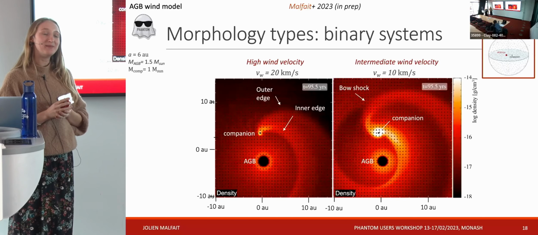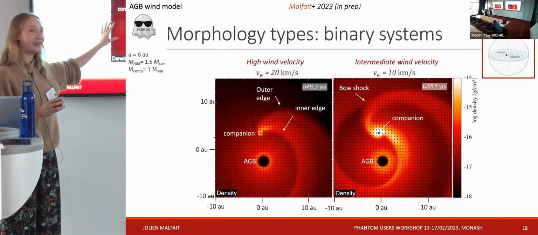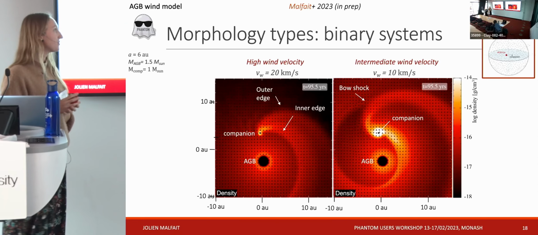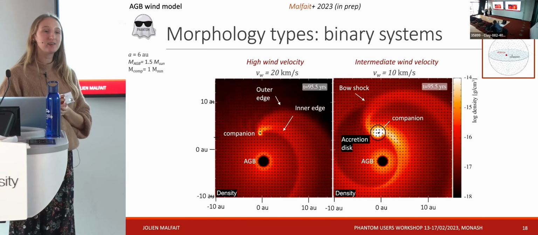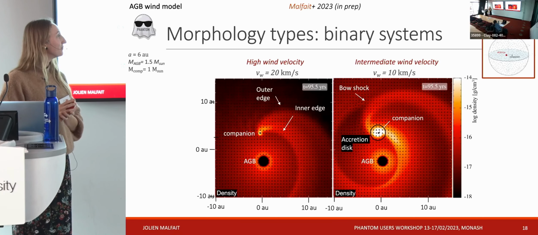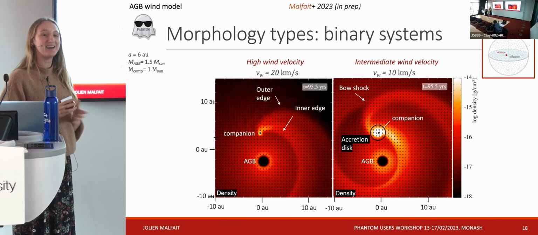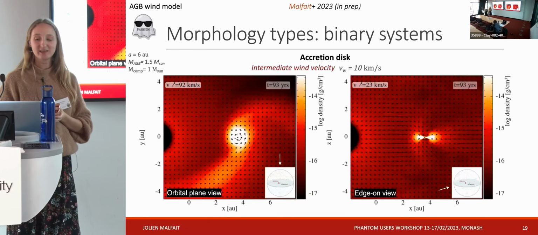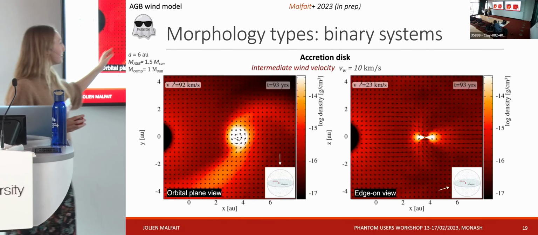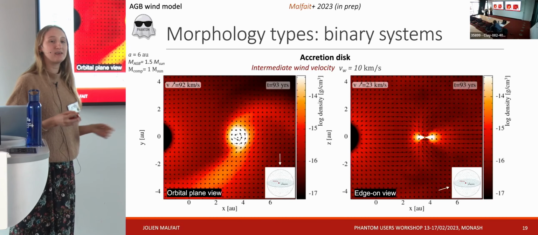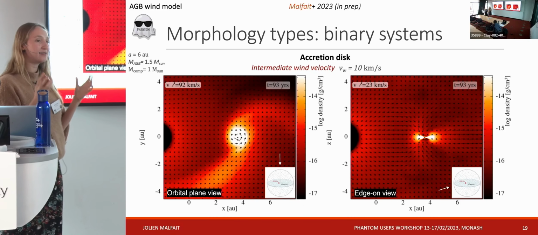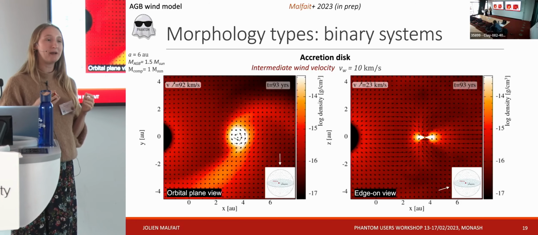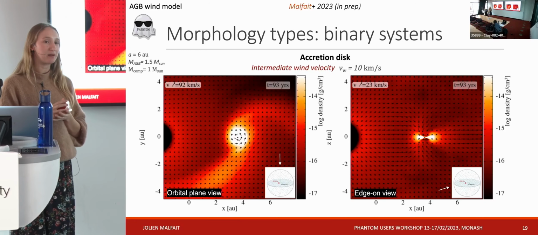If we zoom in a bit closer, we see on this side again this two-edged spiral, on the other side the bow-shock, and now you can also see that there is an accretion disk forming around this companion. So this is a high density region around this companion, and if you take a closer look at this accretion disk, you can also see the velocity vectors plot on top of it, and then we see that actually within this accretion disk, material is spiraling in towards the companion where it can be accreted by the sink particle.